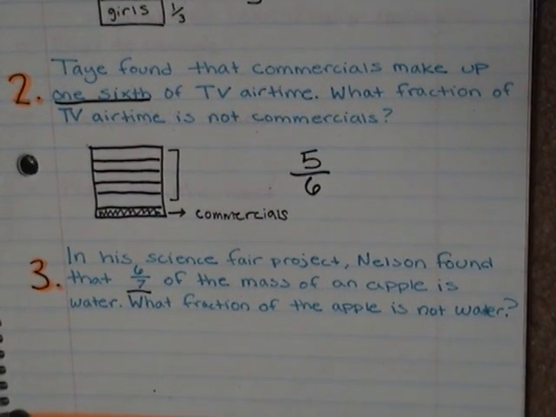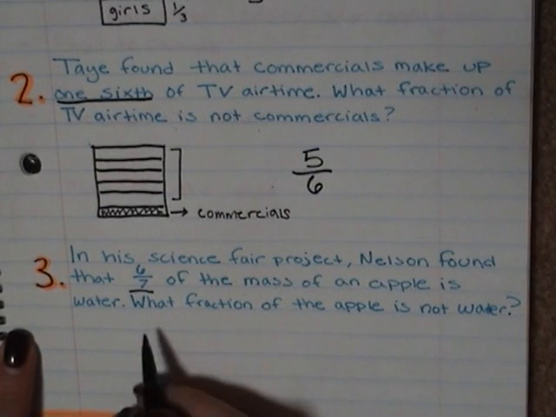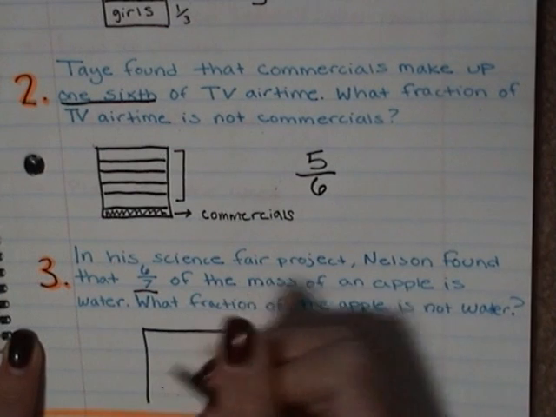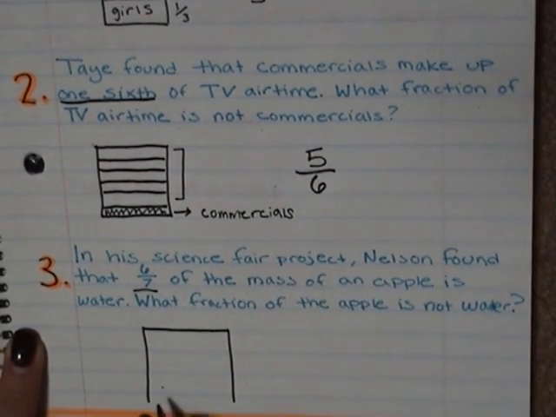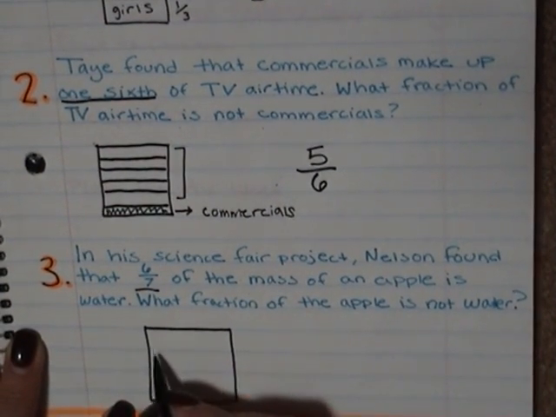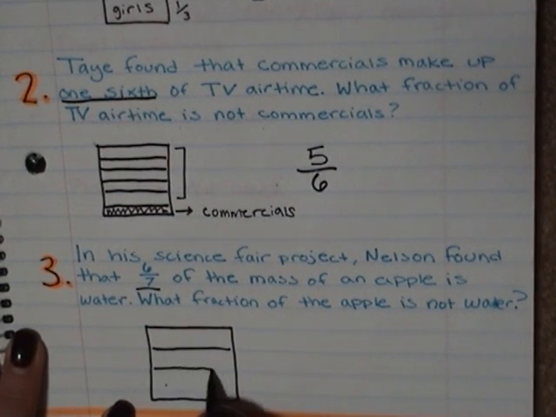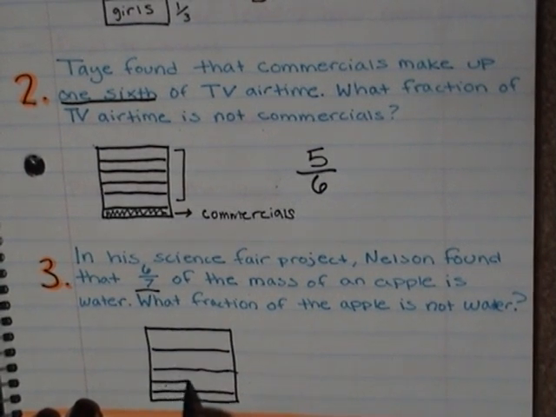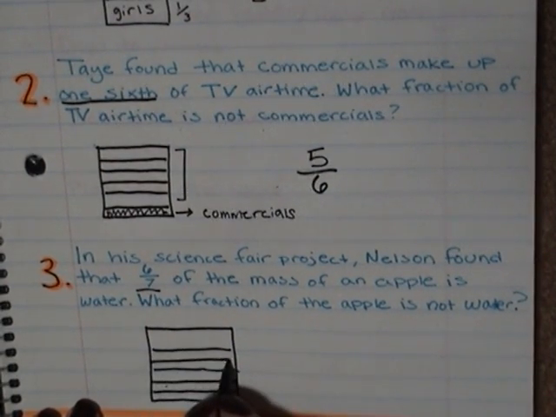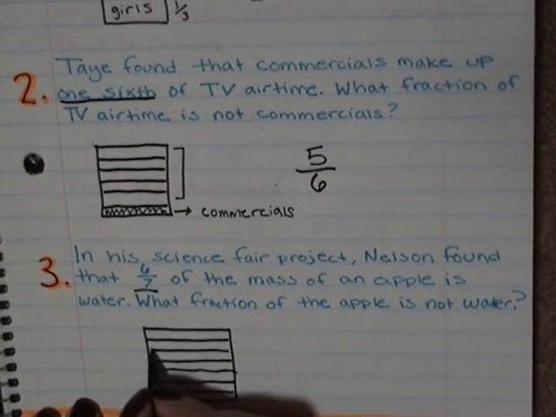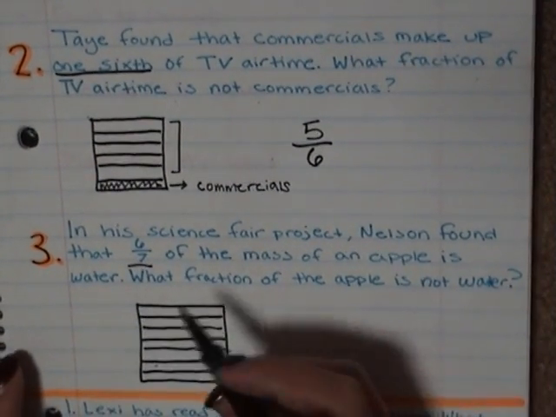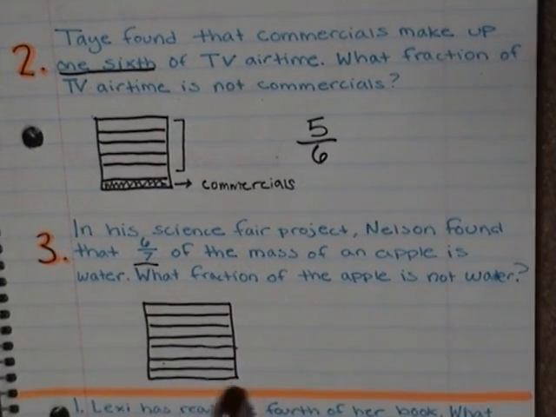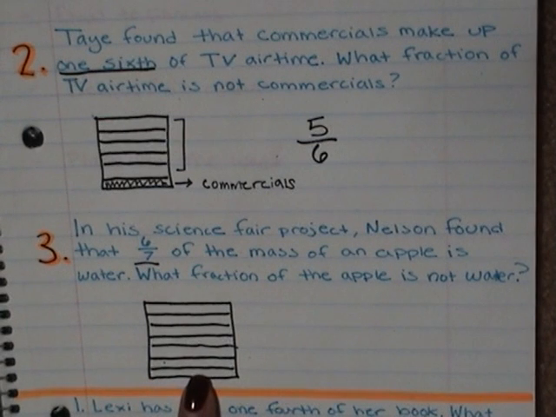So I'm going to try and draw a rectangle, and I'm going to cut it into 7 equal pieces. Alright, I'll go back and count. Let's see. 1, 2, 3, 4, 5, 6, 7. So each little individual rectangle is 1/7.